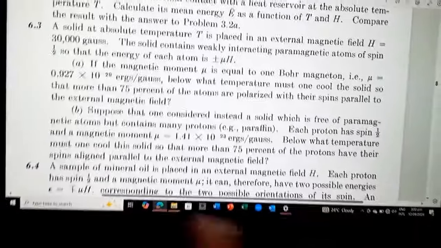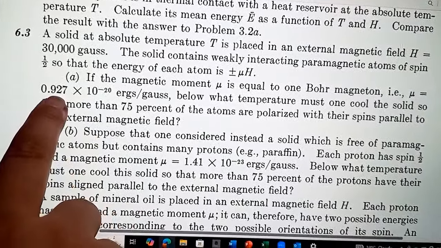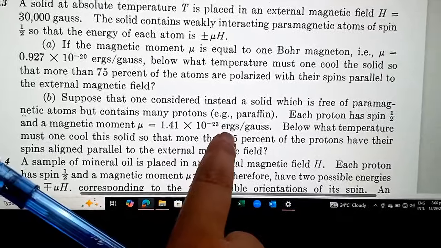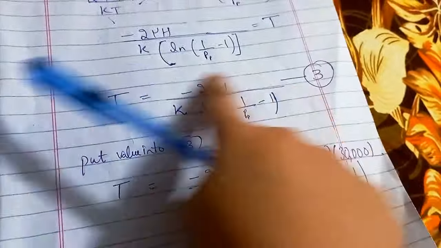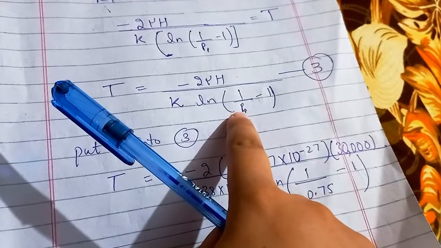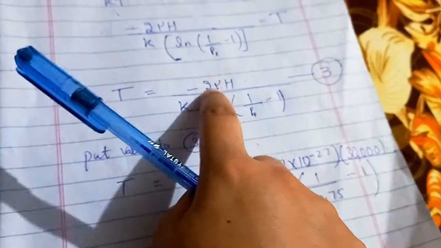So it's the same thing that we need to calculate, but mu will be different in that case. So we will not put the earlier value of mu but this value of mu, and first we will convert it into joule, and then we'll put it into expression number 3 that we have calculated. The same main formula would be used. p is the same again, H is the same, but mu will be different.